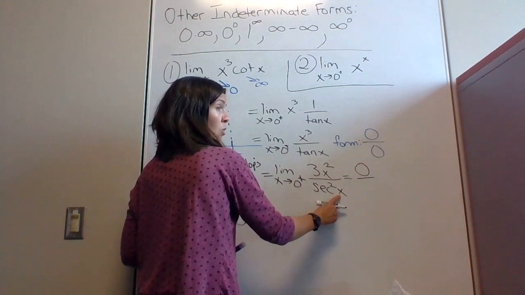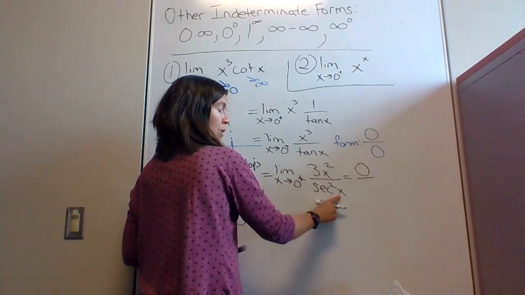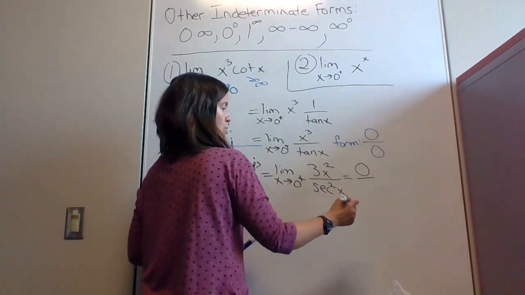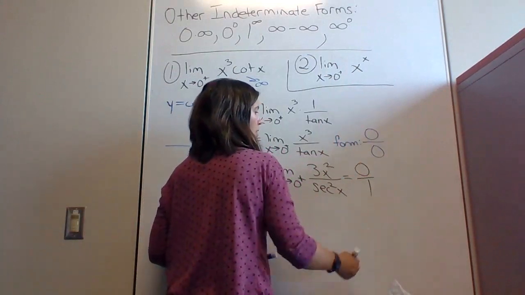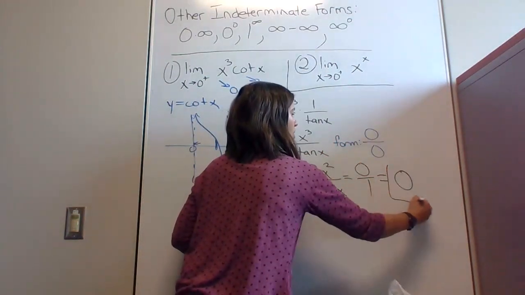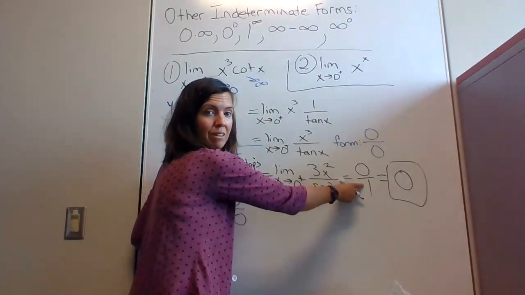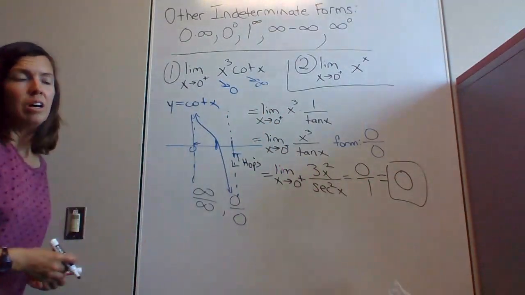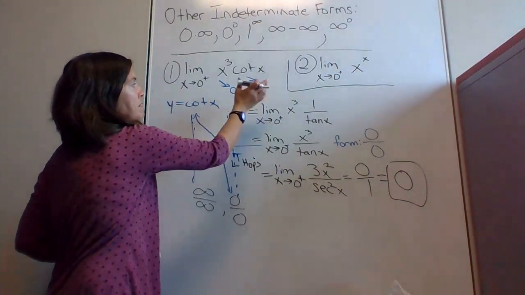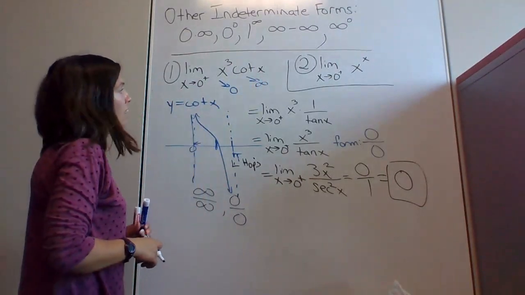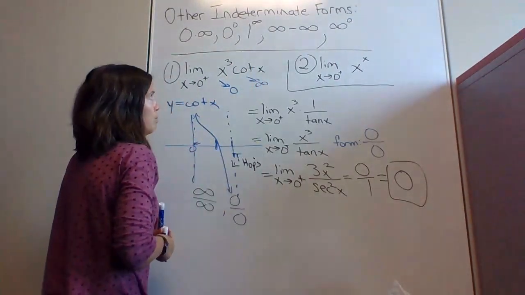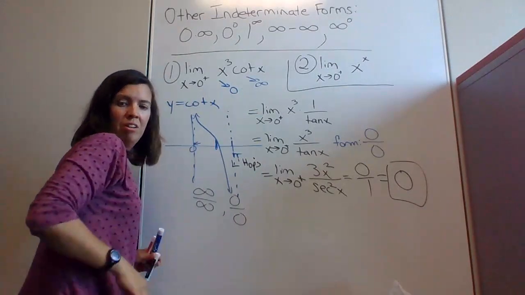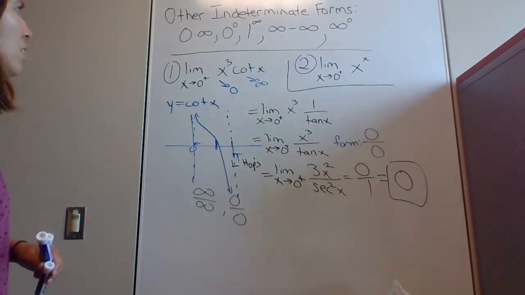Secant of 0 is 1, because it's the reciprocal of cosine, and cosine of 0 is 1, so the reciprocal of 1 is 1. And so 0 over 1 is not indeterminate, that's just 0. So the limit, in this case, of 0 times infinity is 0, but that's definitely not true every time that's your form. Okay, so we have an answer for that one.